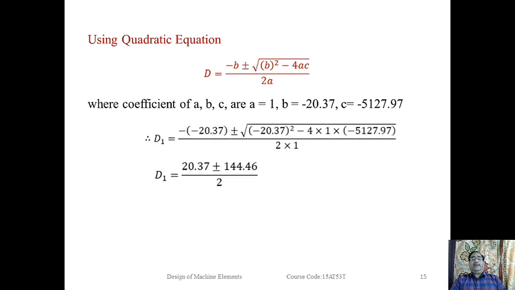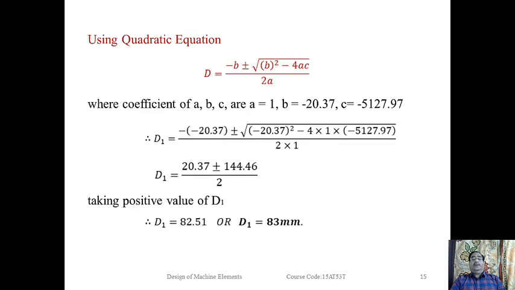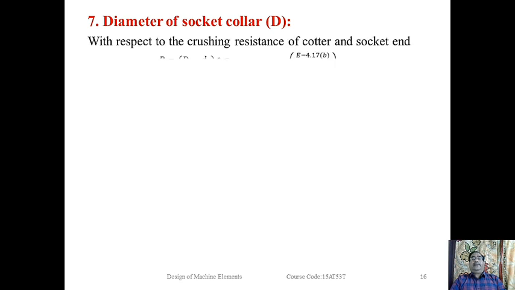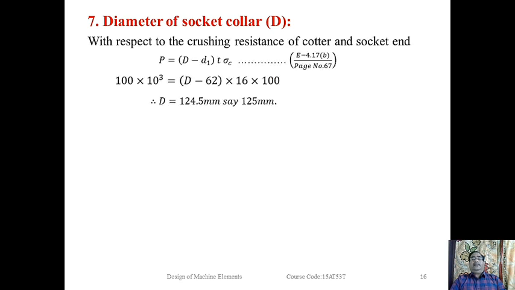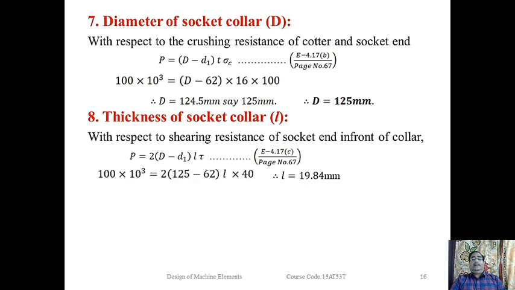So after calculating, again we are getting two values of D1 and taking the positive value, the value of D1 is equal to 83 mm. Next is the diameter of socket collar, that is capital D, that is equal to 125 mm, and thickness of socket collar, small l, is equal to 20 mm.